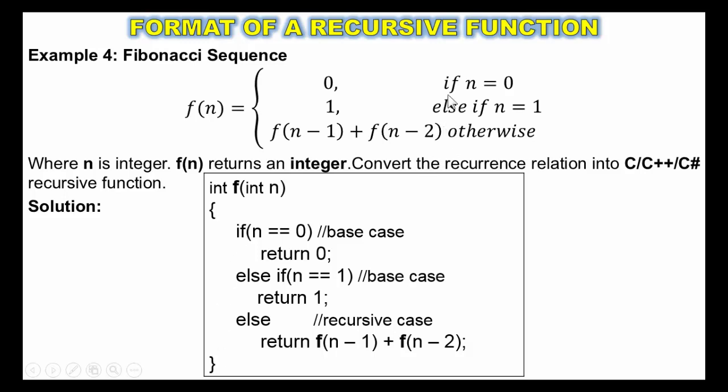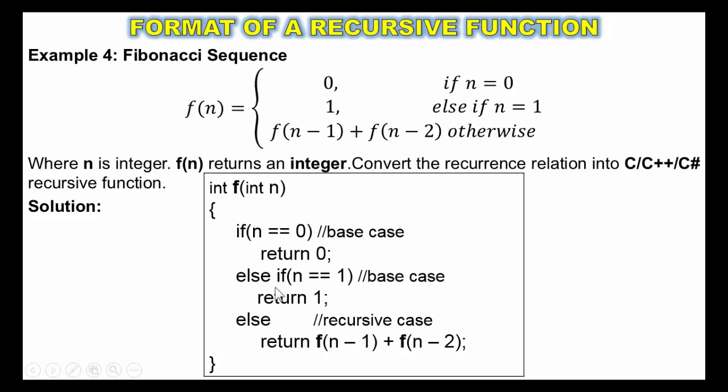The condition if n is equal to 0, then 0 is the base case. So we write if n is equal to 0, return 0. The condition else if n is equal to 1, return 1. Else if n is equal to 1, then 1 is another base case.